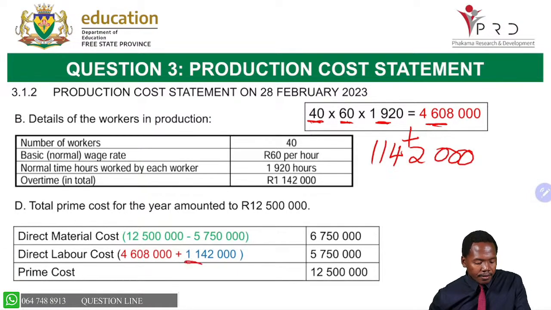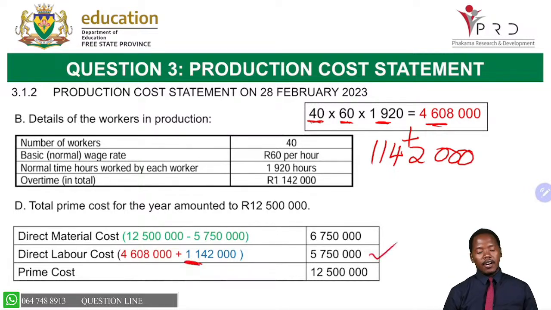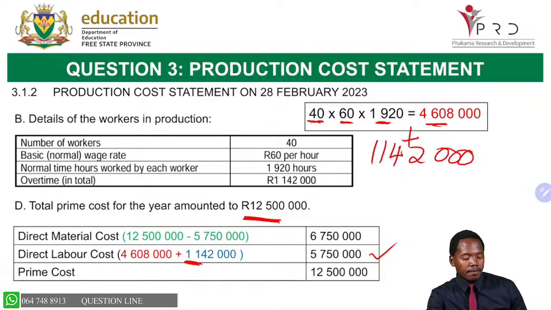There we have it. 4,608,000 plus 1,142,000. And then we get a total of 5,750,000. Our prime cost is given. Total prime cost for the year amounted to 12,500,000. There we have it.